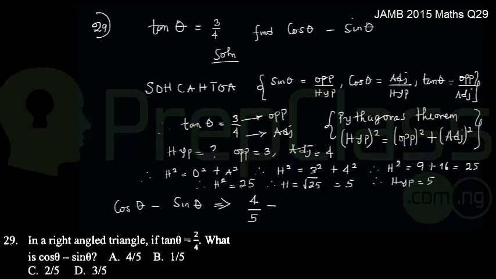The opposite is 3, so that will be 3 all over 5. Subtracting these, they both have the same denominator, the LCM is 5, so that will be 4 minus 3, which gives me 1 all over 5. So cos theta minus sin theta will give me 1 all over 5. Looking at the options, that corresponds with option B.